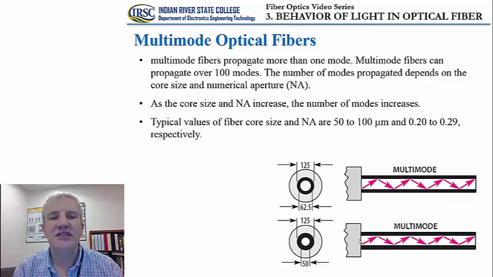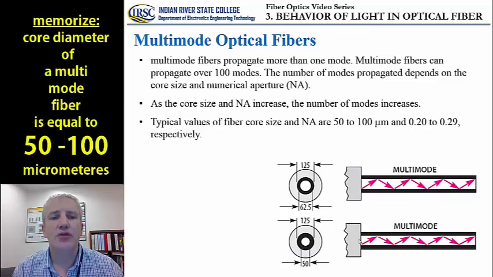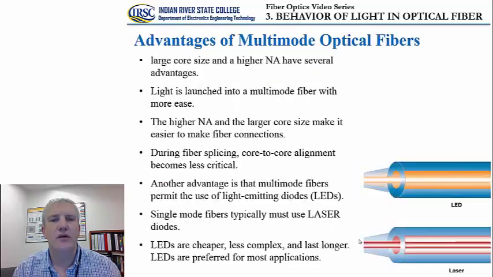If we increase the size of the core, and also if we increase the numerical aperture or acceptance cone, the number of modes that propagate along that multi-mode fiber is going to increase. Typical values of the fiber core size are 50 to 100 micrometers, and typical values for the numerical aperture are between 0.2 and 0.29.